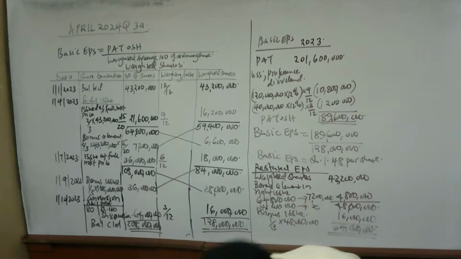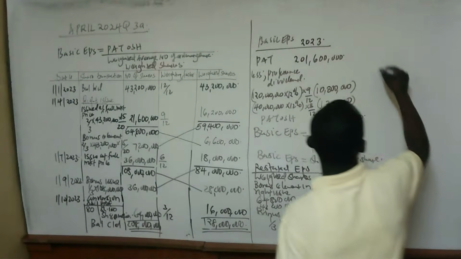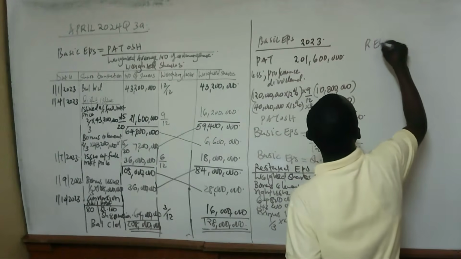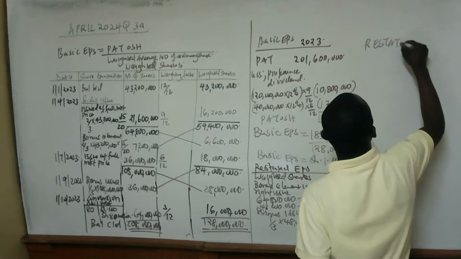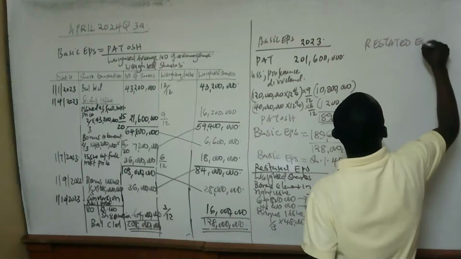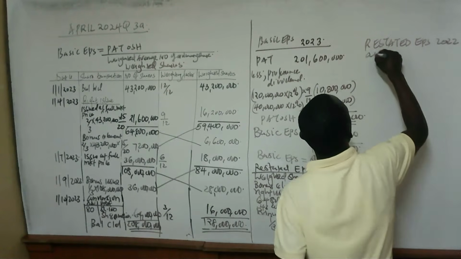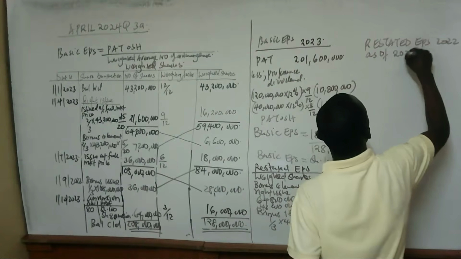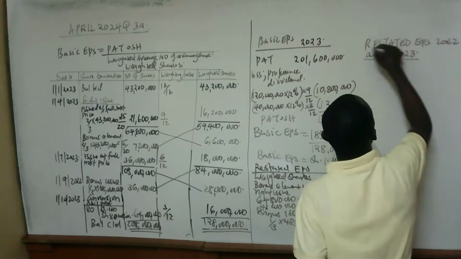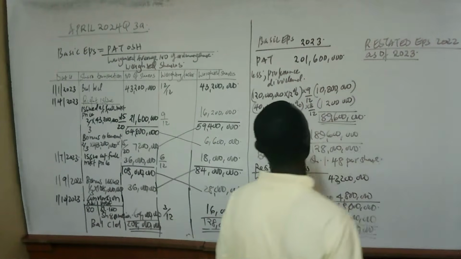So once you have gotten that, now we can get what? The restated EPS of 2022 as of 2023. So how are we going to get this?